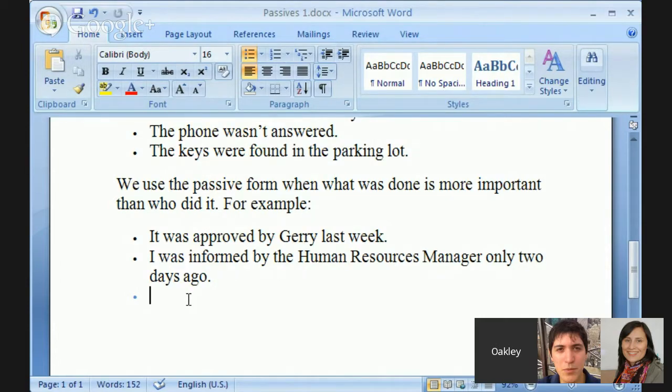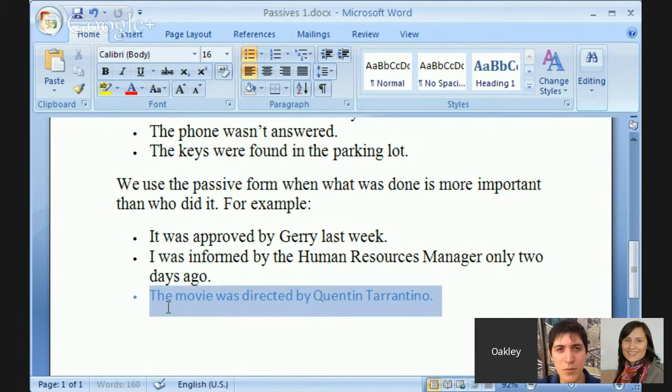The movie was directed by, I don't know any director, I'm going to give you Quentin Tarantino. Yes, thanks. You like Quentin Tarantino? Me too. That's a terrific example. Very good. The movie was directed by Quentin Tarantino.